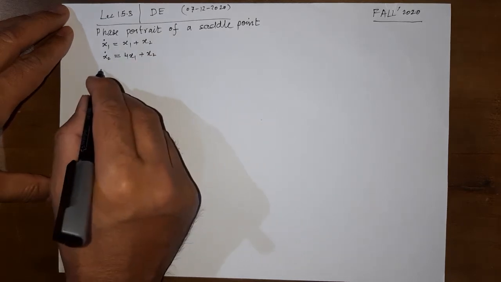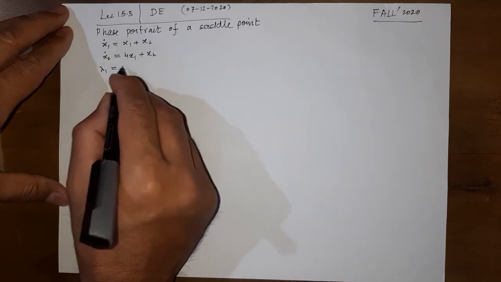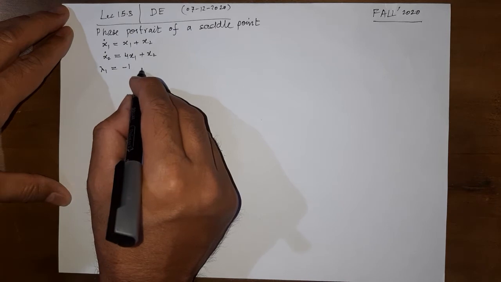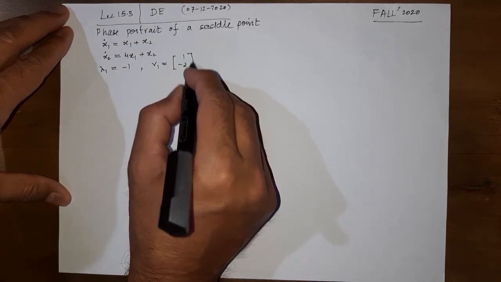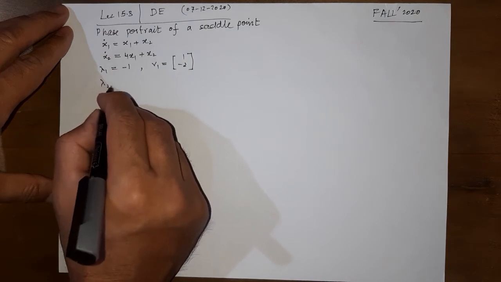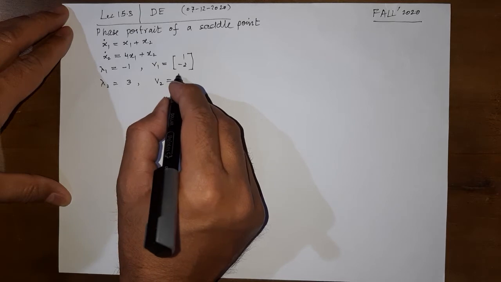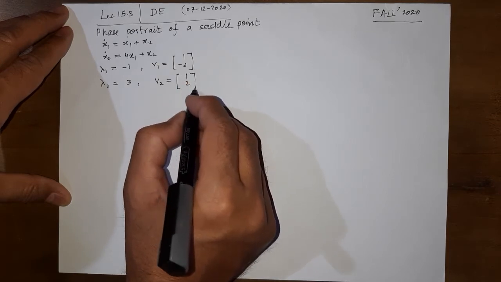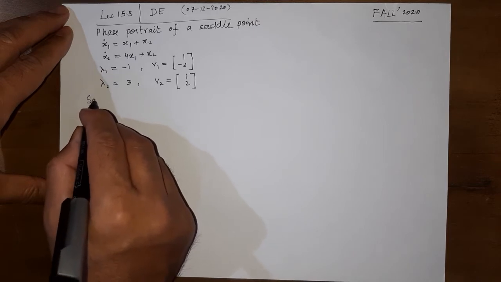So here we know the answer: one of the eigenvalues is -1, and the associated eigenvector is (1, -2), and the other eigenvalue is 3, and the eigenvector is (1, 2). And we need to come up with a phase portrait.